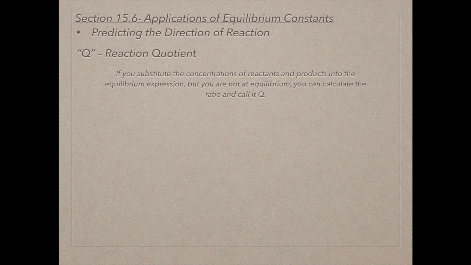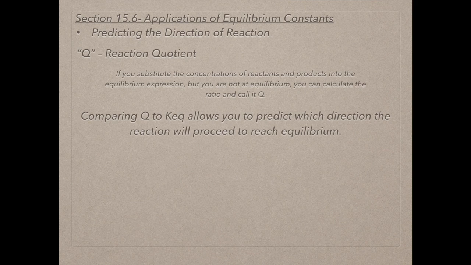So Q is calculated the same way that K is. The only difference is that the concentrations that are plugged into the chemical equilibrium expression aren't actually the concentrations that are found at equilibrium, and therefore we call the constant that is acquired by plugging in those values the reaction quotient rather than the equilibrium constant.